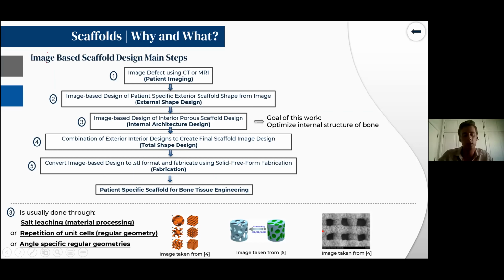We have a unit cell with known properties, and we assemble the repetition of many of these unit cells to create the whole scaffold. But we, of course, have the disadvantage that we do not know that these scaffolds are mechanically optimized against outer stresses that are happening when the patient is doing their daily activities.